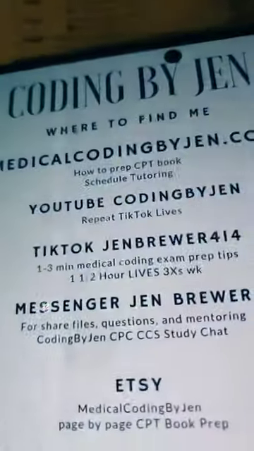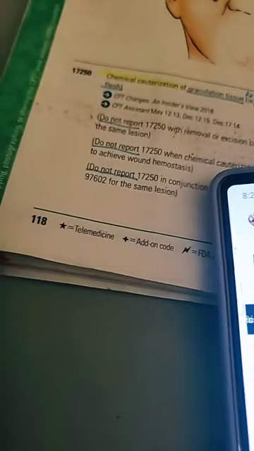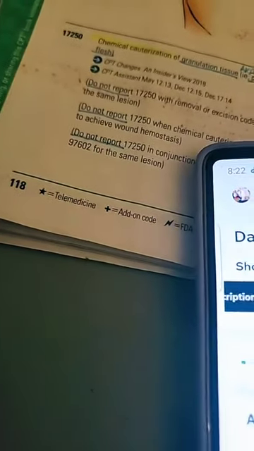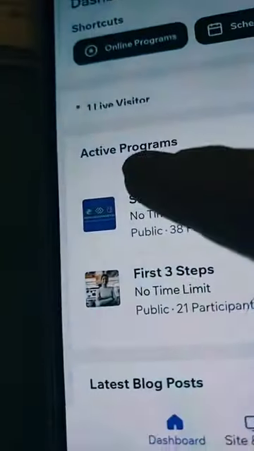If you go to Medical Coding by Jen, I have to go to my little app for the website so I can look at the website and show you. I have this thing called programs, I think. Where are we at? Yeah, active programs.